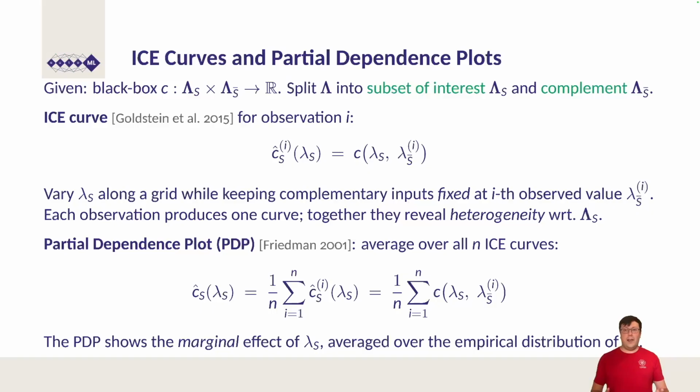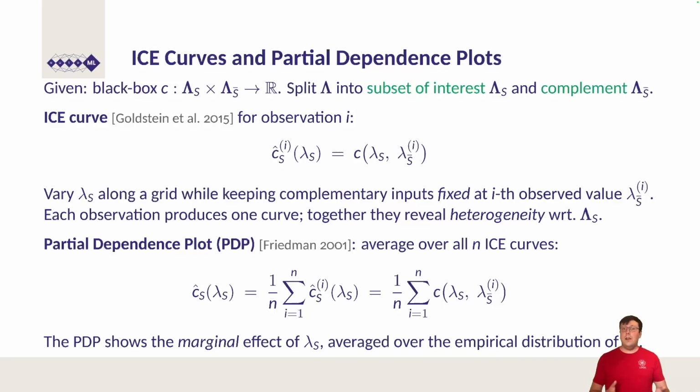The ensemble of ICE curves over all observations exposes heterogeneity in how different backgrounds respond. Second, the PDP, following Friedman, is the pointwise average of the ICE curves, equivalently the Monte Carlo estimate of the marginal effect obtained by integrating the cost over the empirical distribution of the complementary hyperparameters.